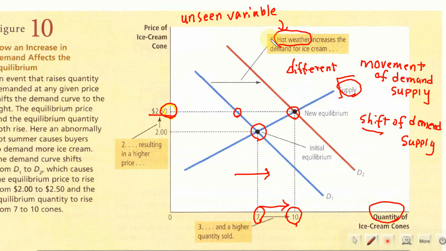But the sugar price is not shown in this graph. Then what can we determine? A shift can occur by a factor which is not seen in the graph, which is not an expected factor.